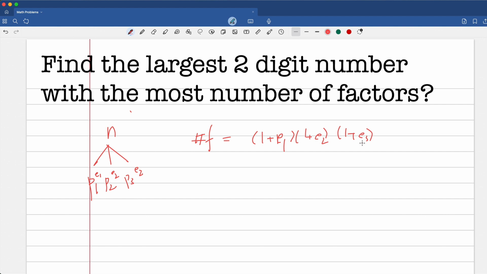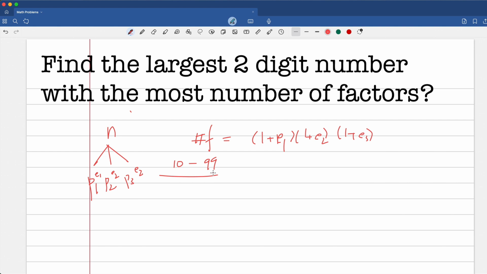Find the largest two-digit number with the most number of factors. So we know the numbers are going to be between 10 and 99. One of these numbers is going to have a lot of factors compared to the other. Now, the brute force method, of course, is to literally start from 10, go all the way to 99, list down every single number, and figure out the number of factors for these 90 numbers, and eventually arrive at the list of numbers which have the highest number of factors.